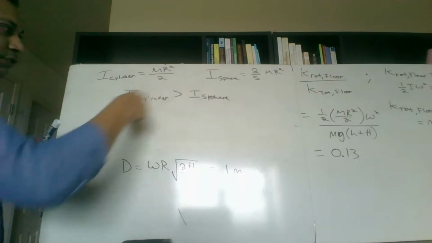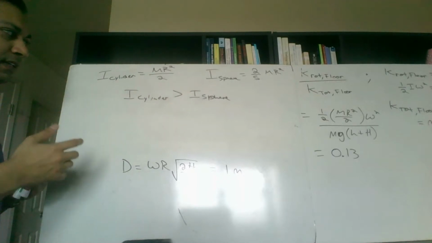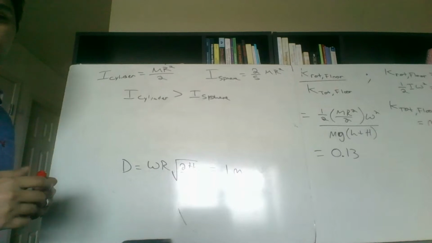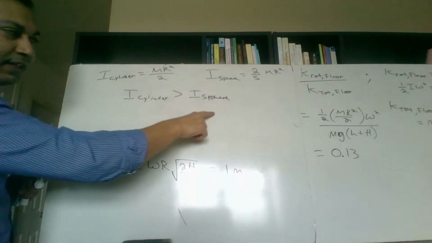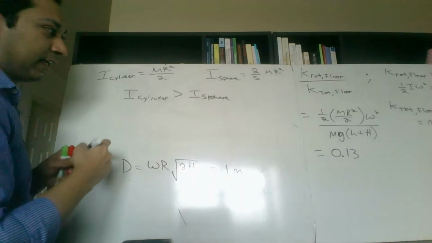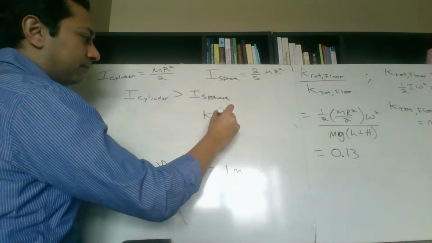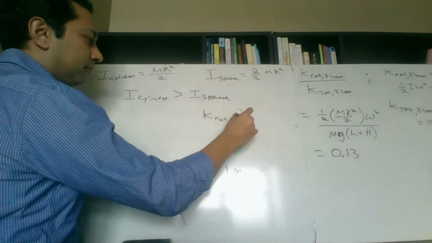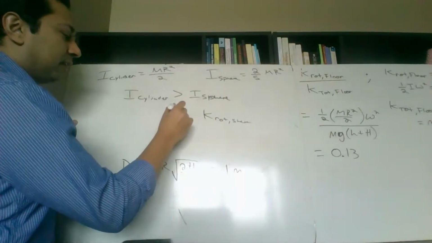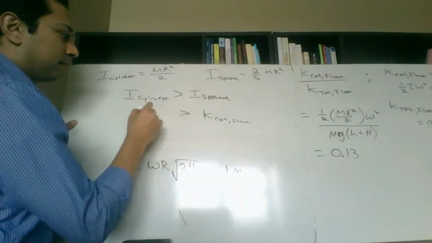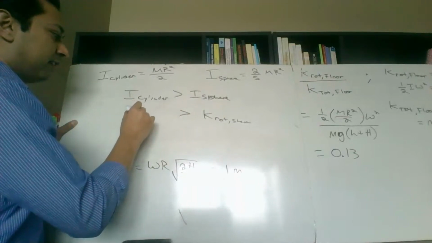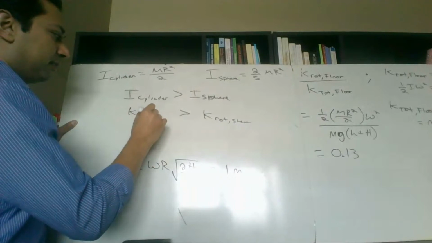And so if this is true, then you're going to have less rotational kinetic energy. So the rotational kinetic energy of the sphere at the bottom will be less than the rotational kinetic energy of the cylinder.